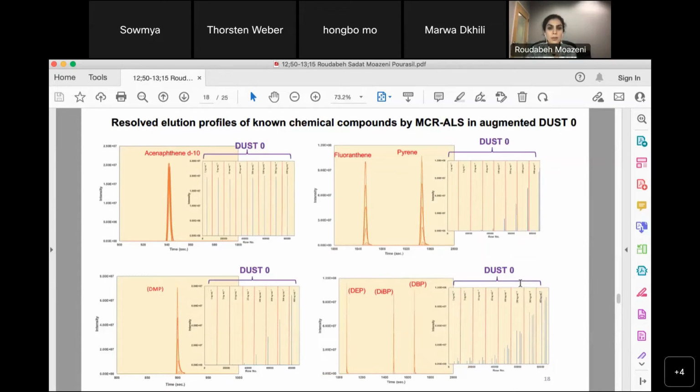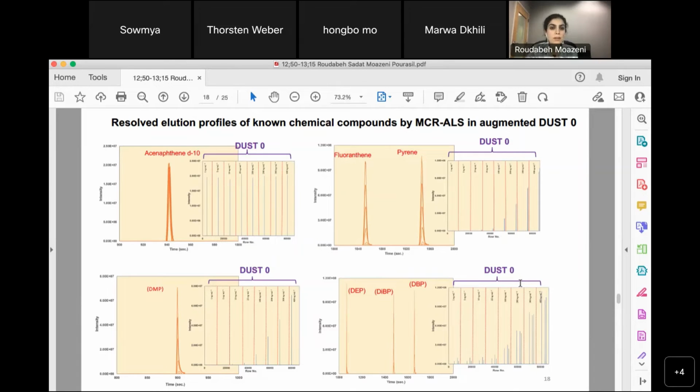In this slide, you can see the result of MCR-ALS for the augmented data set of dust 0. We had 8 concentration levels of dust 0.